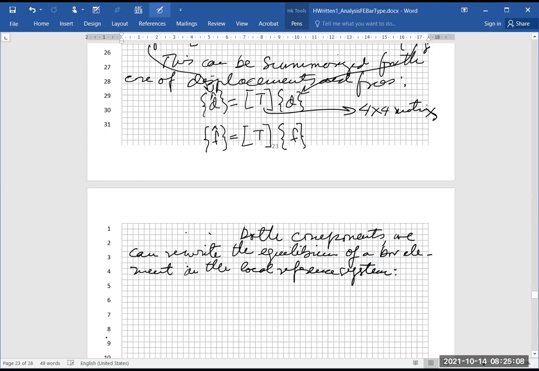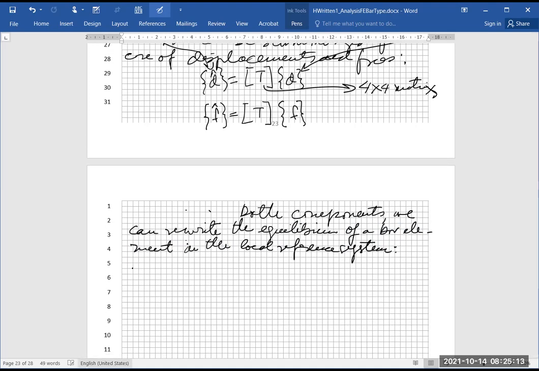Okay, so let me write to the left what we had before. This is what we had before.